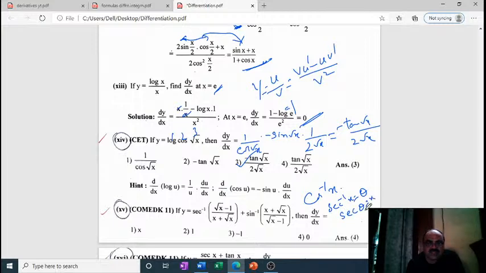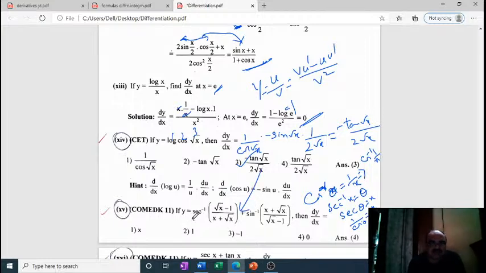Secant theta equals x, 1 by cos theta equals x. Now cos theta equals 1 by x. So this is cos inverse 1 by x. That's exactly what you have done.